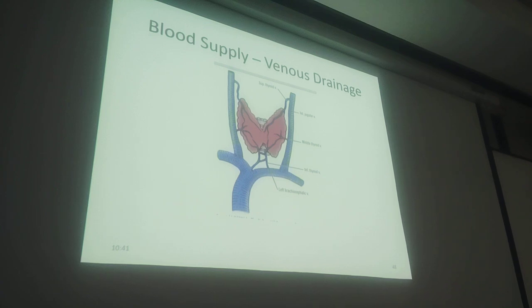If you see the middle thyroid vein, it's an extremely short vein, entering a very large vein, the internal jugular. And this middle thyroid vein is not accompanied by an artery. If you clamp the arteries, the middle thyroid vein will collapse.